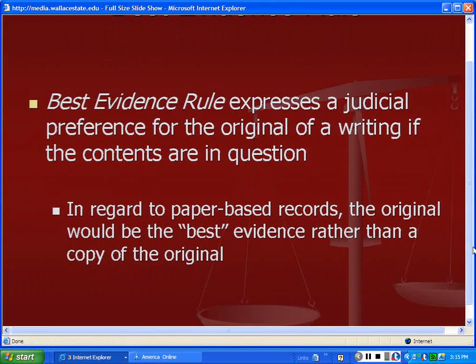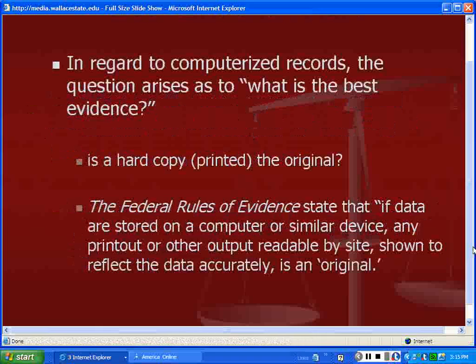Now, when we're talking about an electronic health record, what is the best evidence? What is the original of an electronic record? Is a hard copy that's printed considered the original record? Because that's usually what we do. We hit the print button and we can print things out. Now, there are federal rules of evidence that state if data are stored on a computer or a similar device, any printout or other output readable by sight shown to reflect the data accurately is considered an original.